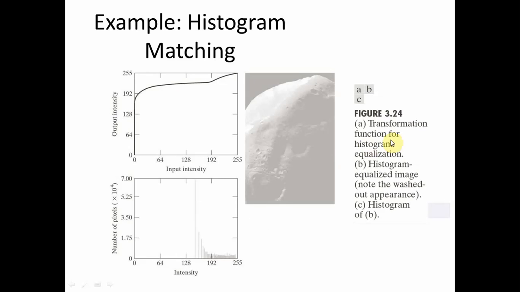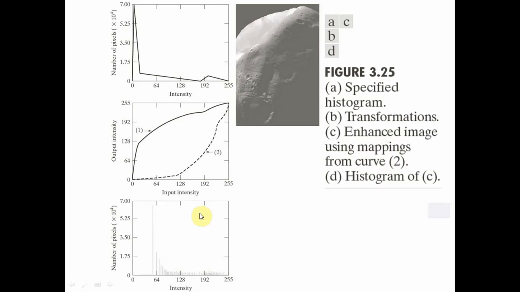Okay, the transformation function for histogram equalization. This is a transformation, that is T of R, and then the histogram equalized image. After equalization you will have a much better image than your input one. And then this is the histogram of your equalized image.